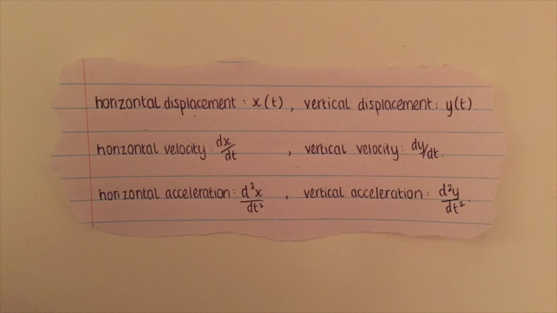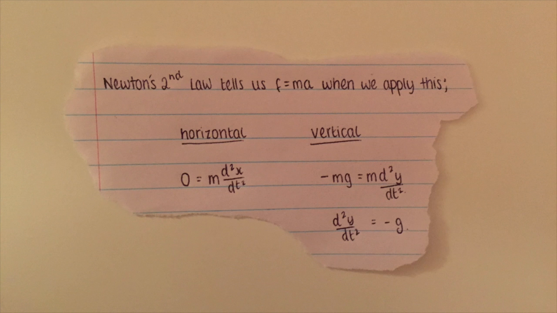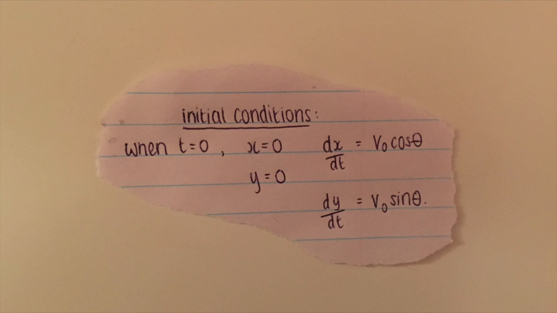Here shows the general properties of the model. Using Newton's second law, we deduce the horizontal and vertical components of acceleration. Here shows the initial conditions.